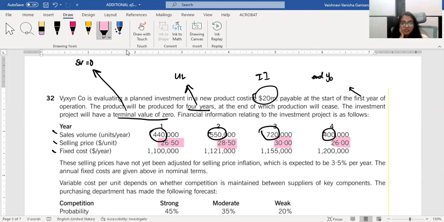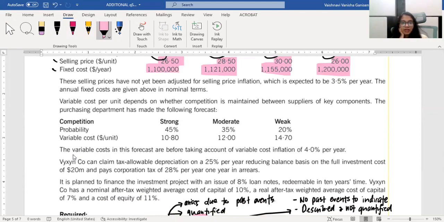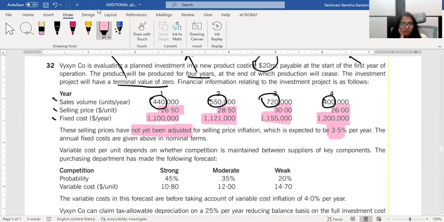Now he has given you also the information relating to fixed costs. So the selling prices have not yet been adjusted for inflation, which is expected to be 3.5% a year. So here the inflation is 3.5%.